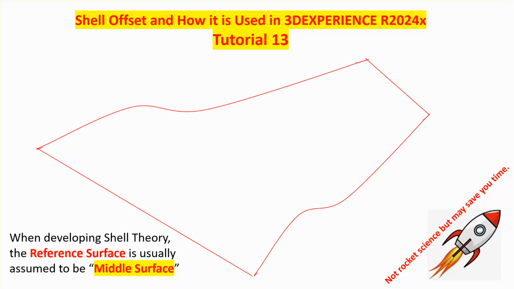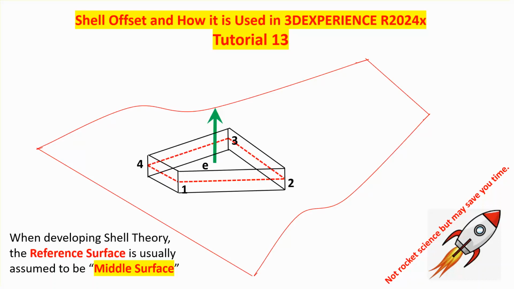So here's a surface. Suppose we take a shell, four-noded shell like that, and let's say that the middle plane of that shell is what is shown in the dashed line. And what we do, there is half of the thickness on top, half of the thickness below it.